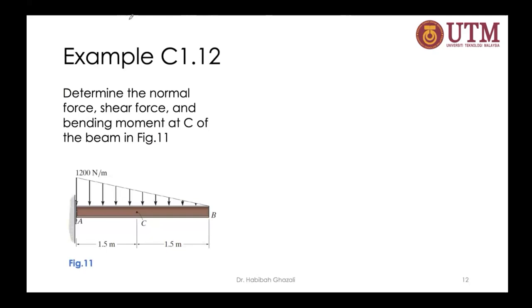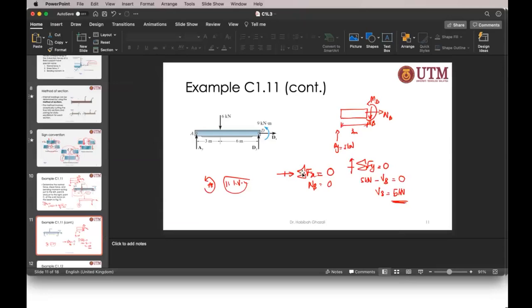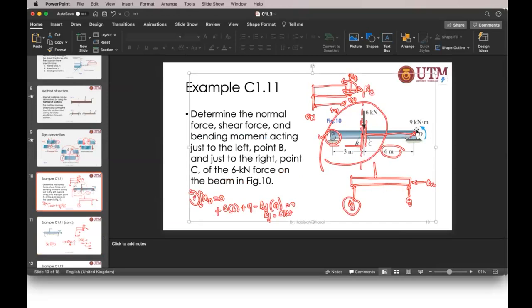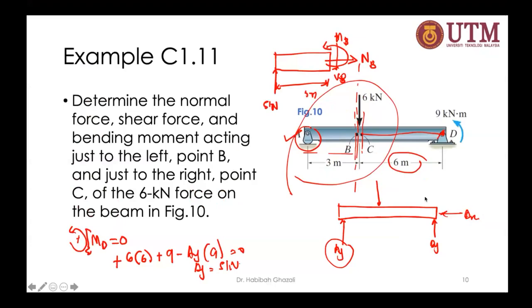So that point D, if we look back at, I'll reshare that. So you look at this, this is pin support. It's not fixed support. Fixed support is like the cantilever beam I showed you just then. All right? But there is a concentrated moment being applied at that point. So this 9 kilonewton meter is a concentrated point moment.